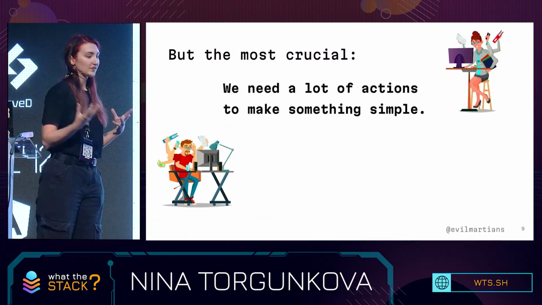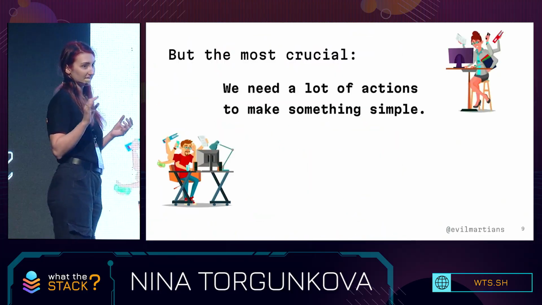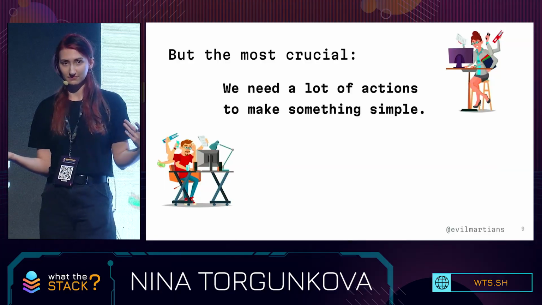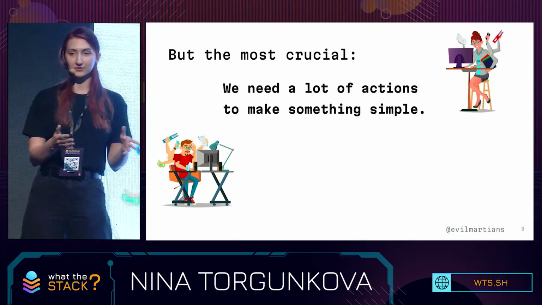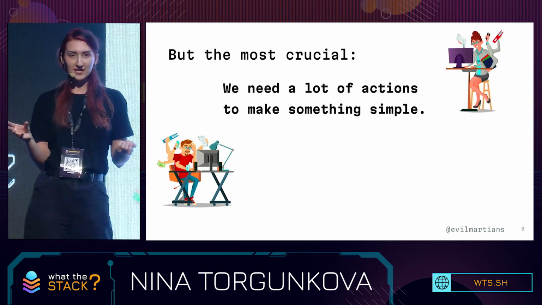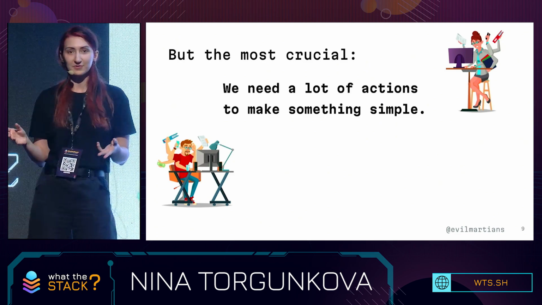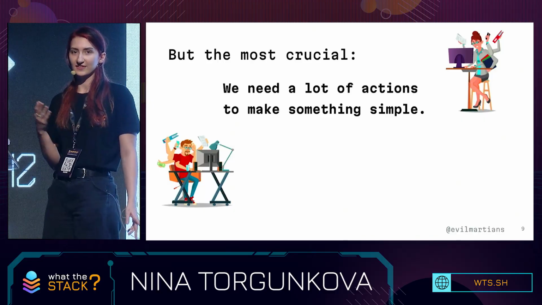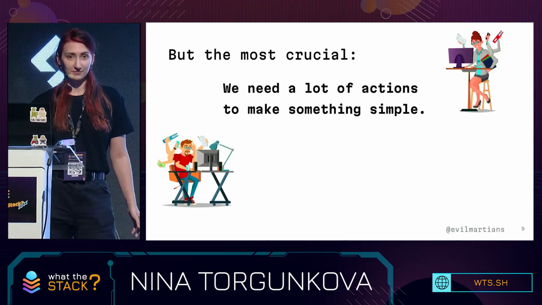And we still need to do a lot of actions to build something simple. For example, when I start a new project, I need to set up the environment. I need to set up the test environment, add JS preprocessors, CSS preprocessors, linters, and so on. So frameworks didn't make our life much simpler.